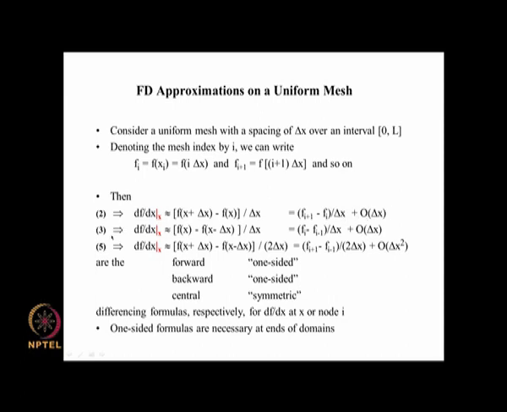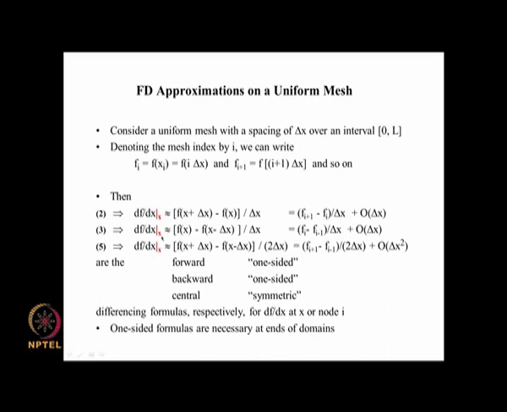Similarly, from the third equation where we expanded f of x minus delta x, we got another approximation for df by dx as f of I minus f of I minus 1 by delta x, plus again terms of the order of delta x are the ones that are neglected. So the neglected part is known as the truncation error. The leading term of the truncation error, the magnitude of that, varies as delta x, and that is what is denoted here as the order of accuracy of the approximation.